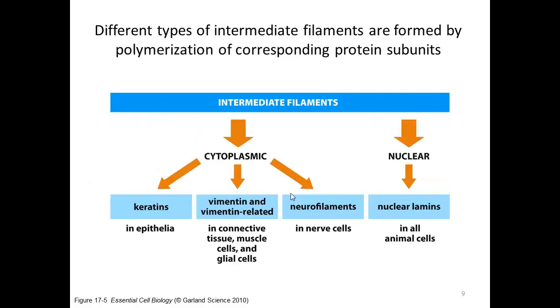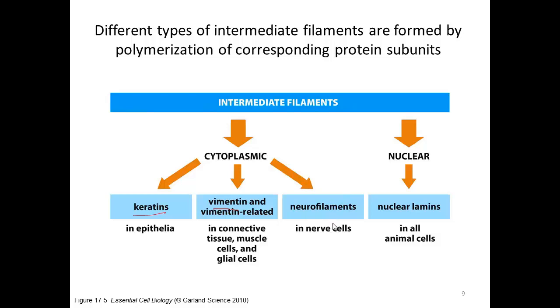As we mentioned, there are different types of proteins that are involved in different tissues. You don't need to remember any of these names, but you've heard of them, many of them anyway. Keratins are the intermediate filaments in epithelial cells and hair. Vimentin is a primary protein that forms intermediate filament in connective tissue and muscles. Various neurofilaments in nerve cells.